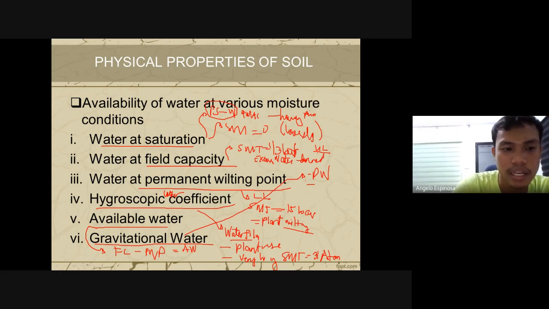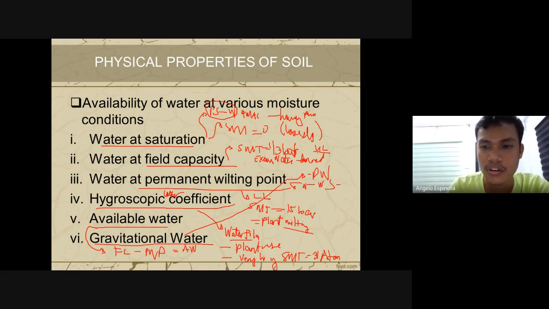So in order to get the gravitational water, you need to get the difference of the water saturation minus the water at field capacity. Okay, so yan po.